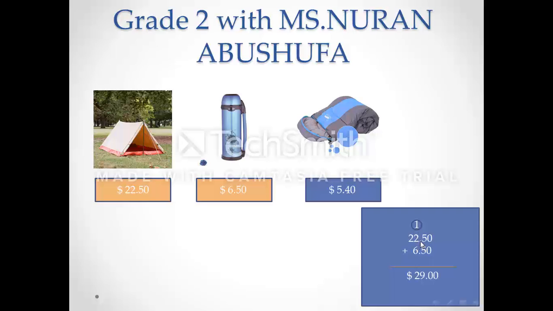I will put down the point because, as I said, if the point is after 2 numbers, it stays the same in the answer after 2 numbers. Now 1 plus 2 is 3. 3 and 6 is 9. So I'll write 9 down. And then 2 doesn't have anything here, so it goes down as it is. So the total is $29 for a tent and a water container.